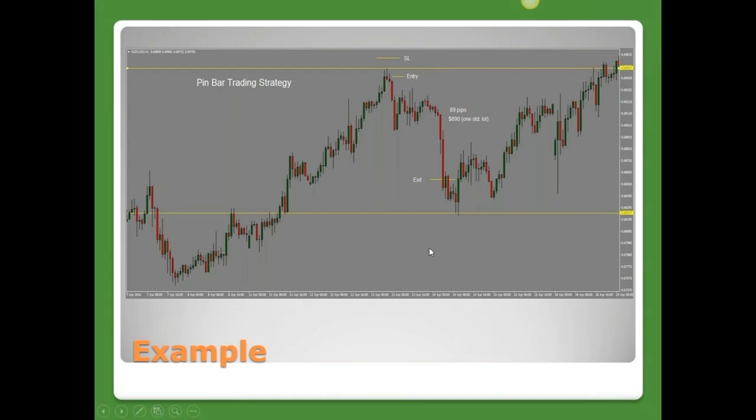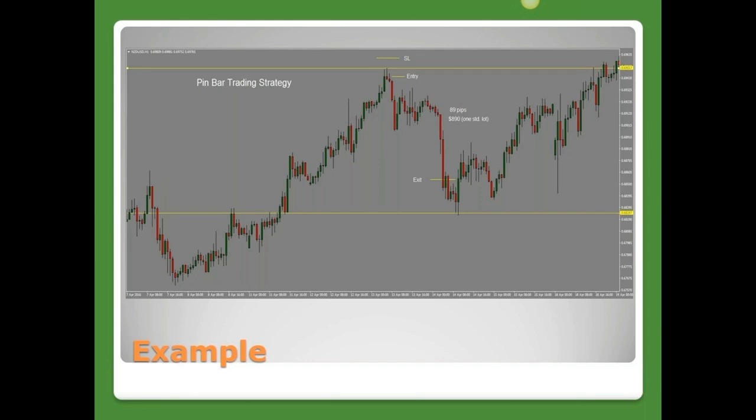But in terms of just the volume here and other things like that, I like to use confluence. So if you have more things coming together, it gives you a higher probability trade. So for example, if you have support and resistance, you've got your pin bar, you have a pivot point, or you have volume, or your RSI is showing that the market's about to turn, any of those things, whatever you use, it's fine.